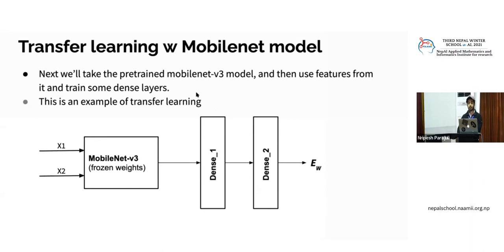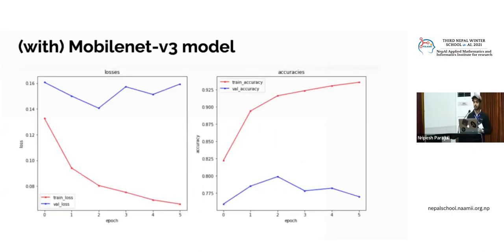So I take this and then I add two dense layers, the very same size dense layers as earlier, with dimensions 64 and 16, and I train a model. So this is the output. What can we see from this here? What can we infer? Have the accuracies increased a little bit or no?